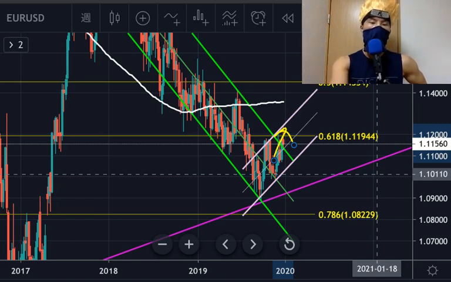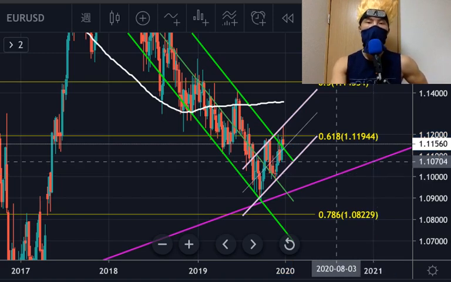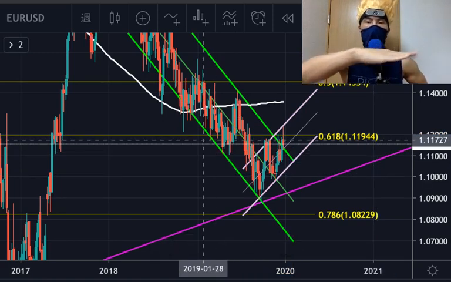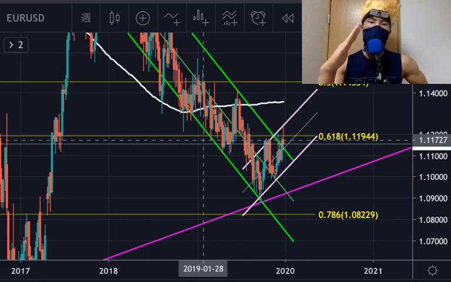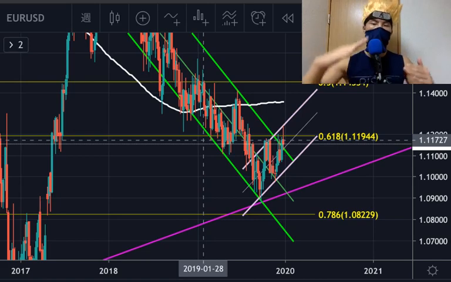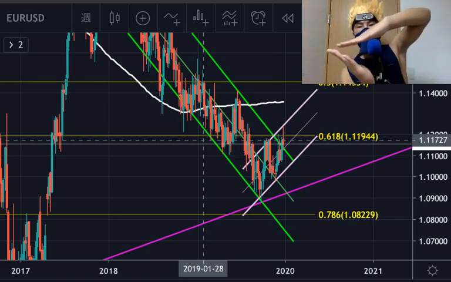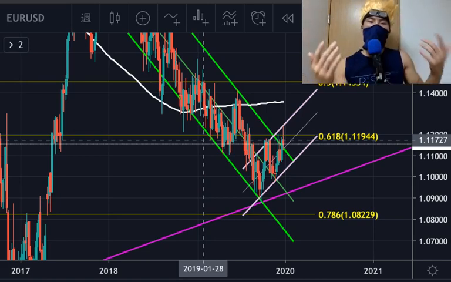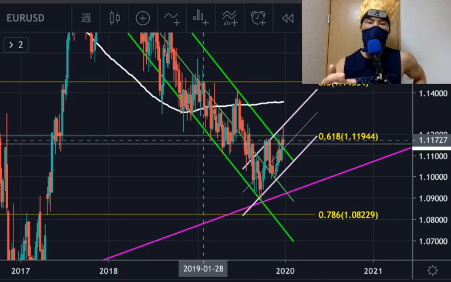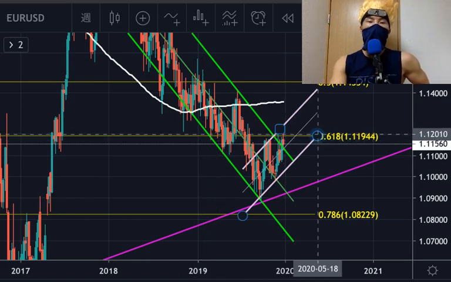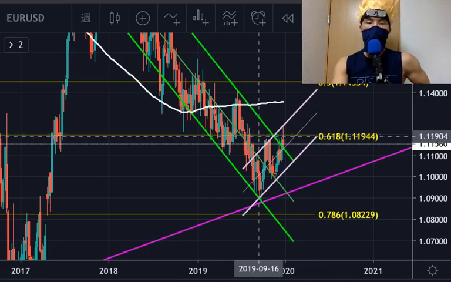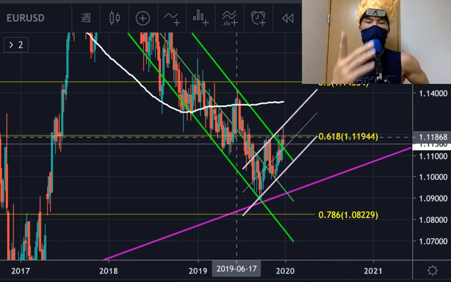More important than the triangle is resistance and support. A trend line is less important than resistance and support. So which resistance and support is important?